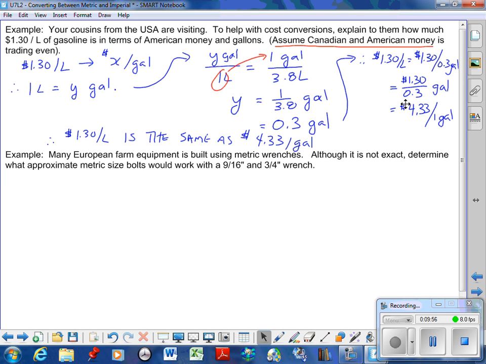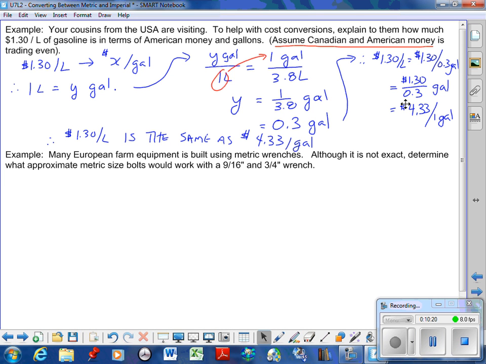Usually, last time I was in the States, and that might change, gas was going for about $3 to $3.60 a gallon, somewhere in there. Okay, now we have a lot of European farm equipment coming in. They use metric wrenches. Although it's not exact, I know you're going to be saying, wait a minute, it doesn't work this way.